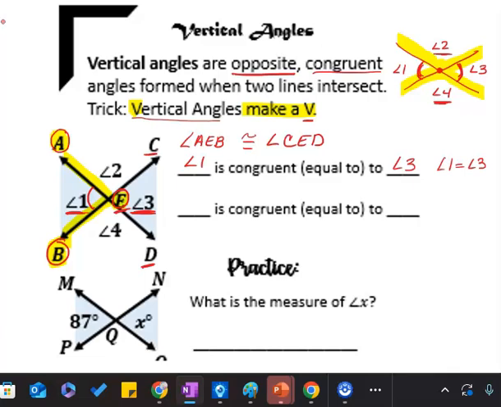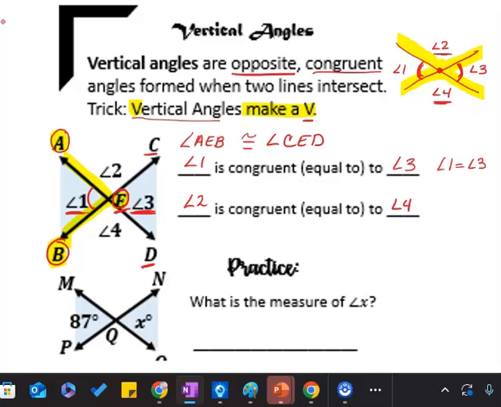It doesn't matter as long as I start with an endpoint and put my vertex in the center. Angle 2 and angle 4 are congruent because they are opposite vertical angles. So angle 2 is congruent to angle 4.